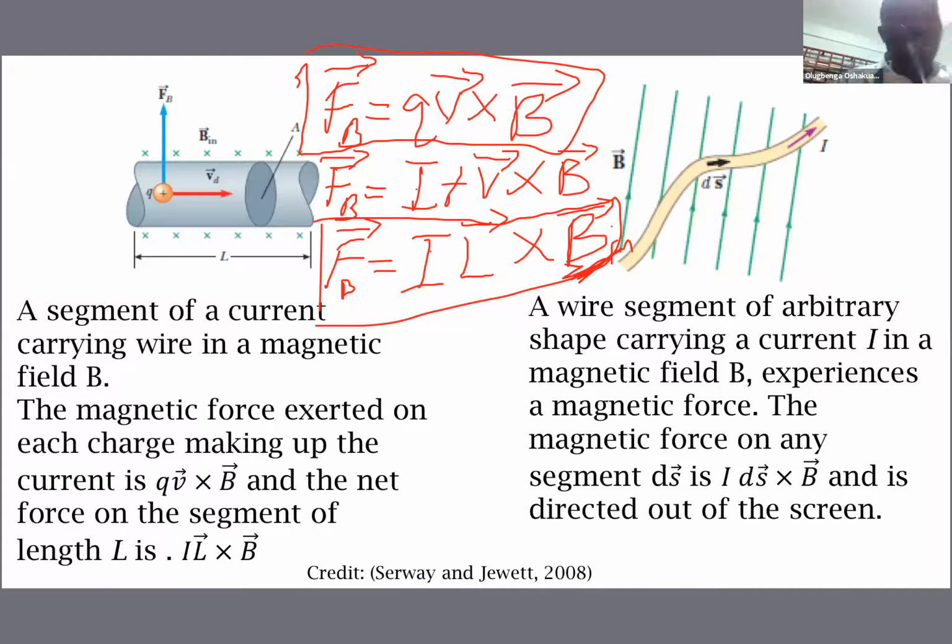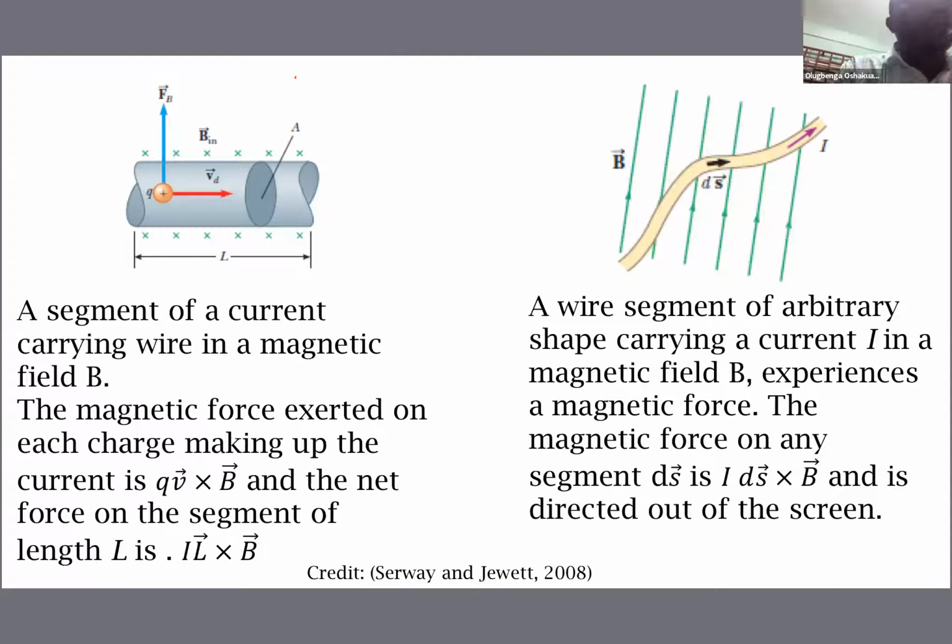Let me go over that again. This is a current carrying conductor, and current is flowing, or let's say charges are moving. When charges are in motion, we would expect a magnetic field to be set up around the conductor.